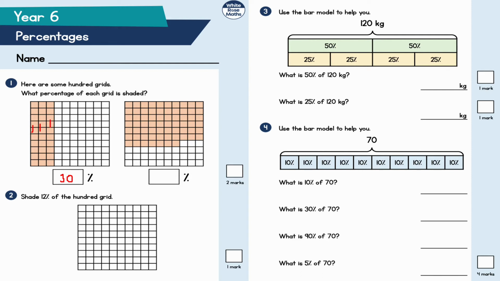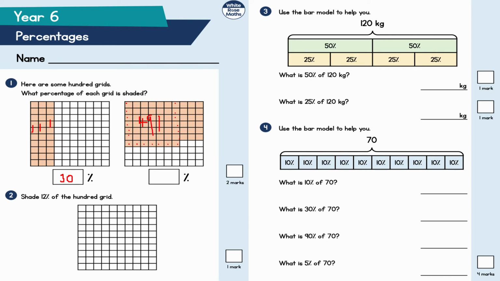Okay, next one, I've got 1, 2, 3, 4, 5, 6, 7, and then I'm going across, I've got 1, 2, 3, 4, 5, 6, 7. So this is going to be 7 by 7, so this is going to be 49%, because 7 times 7 is 49.